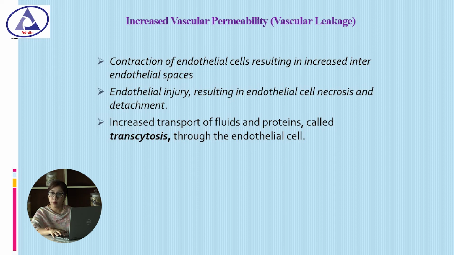Now, increased vascular permeability, which is also known as vascular leakage, is caused by contraction of endothelial cells resulting in increased interendothelial space, endothelial injury resulting in endothelial cell necrosis and detachment, and increased transport of fluid and protein, which is called transcytosis, through the endothelial cell.